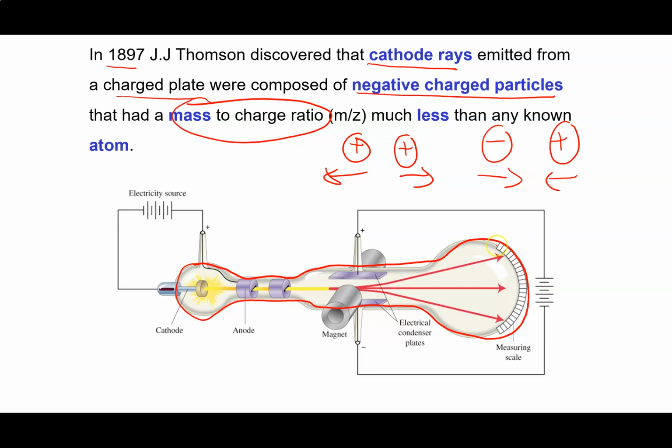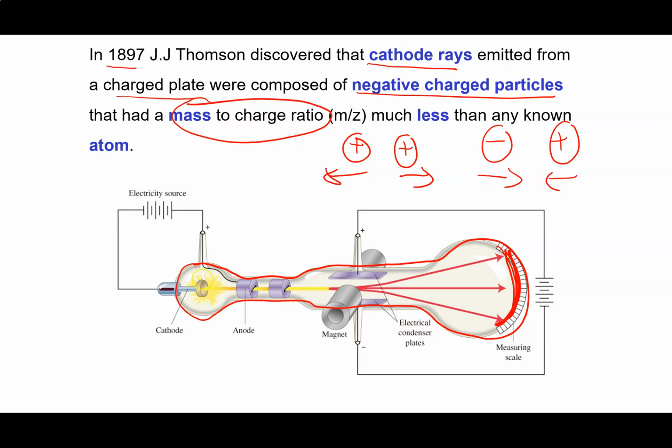On the inside of his tube, at the far end, he's coated it with a material called phosphorus that glows green if any charged particle hits it. So before this is hooked up, you see no glow on the screen.